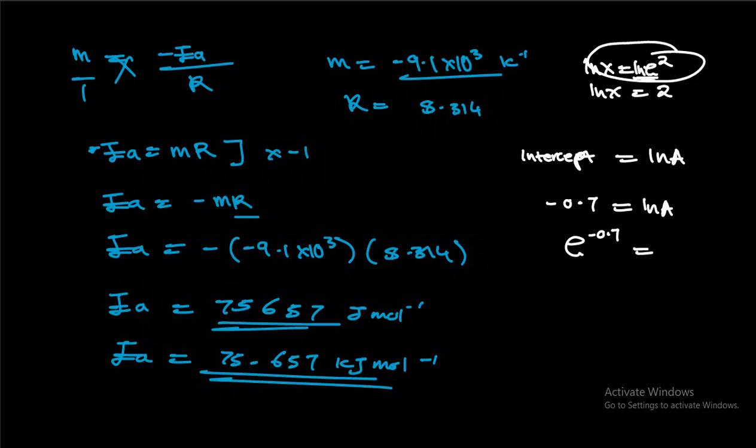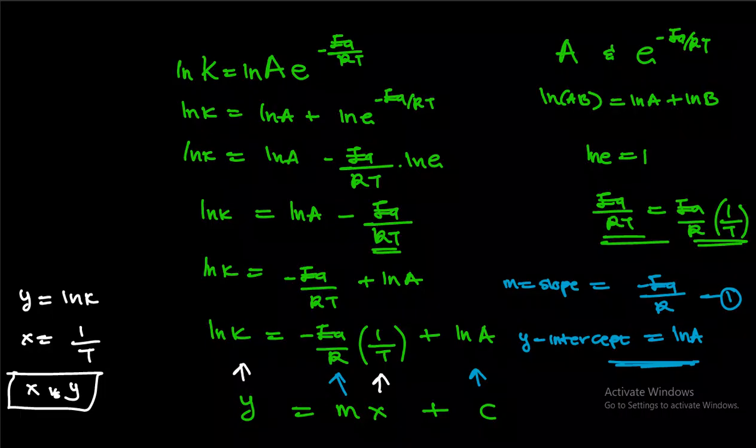Once we introduce that, e is going to cancel this natural log because ln e is just 1. So we're going to have A is equal to e to the power negative 0.7. And our value of A is going to be equal to 0.4966. Very simple.